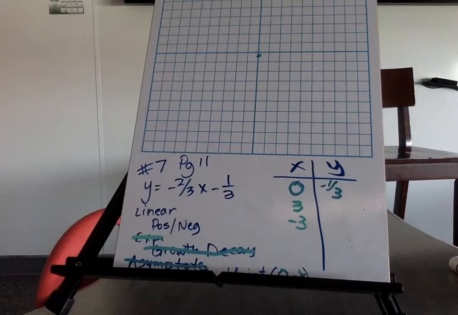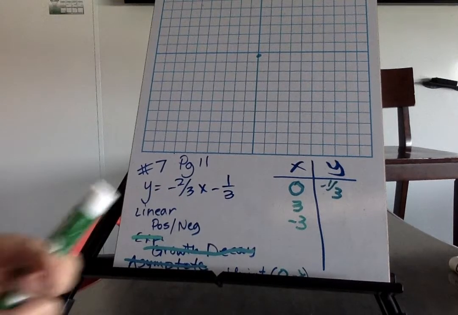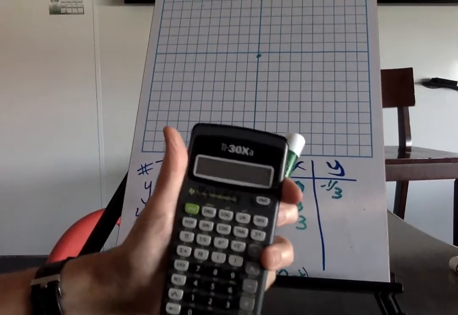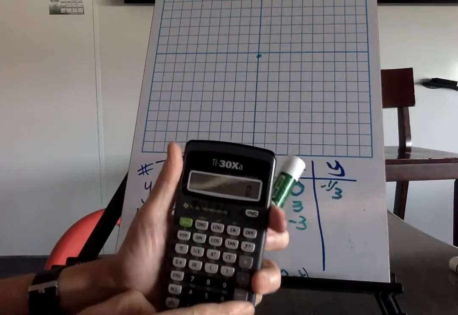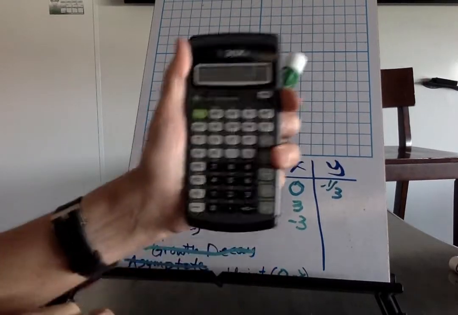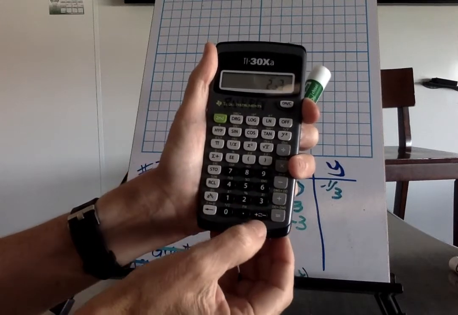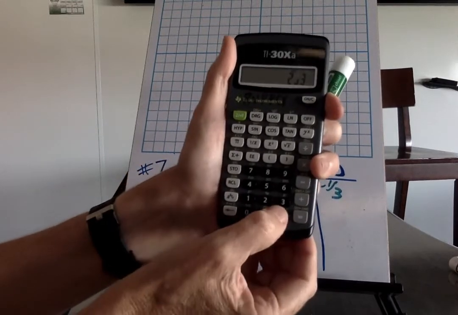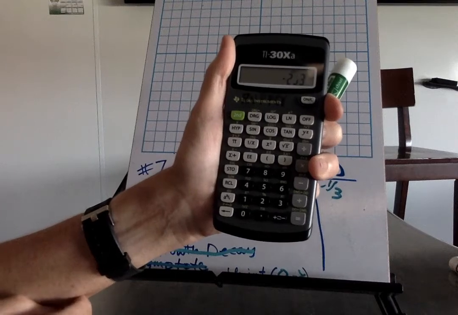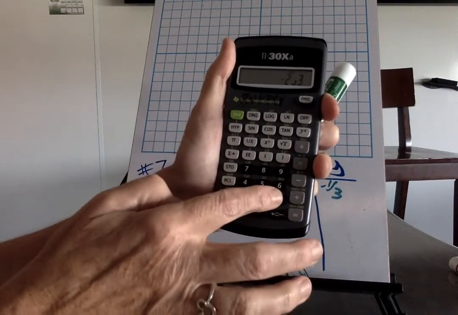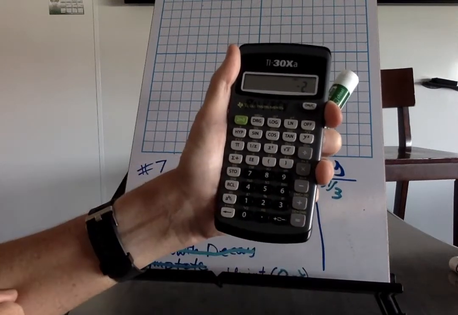Negative 2/3 times 3. And again, I'll show you how to do that on the calculator. Okay, so we're going to put 2 ABC 3. So there's 2/3. The plus minus down here is how you do the negative. So negative 2/3 times 3 equals negative 2.